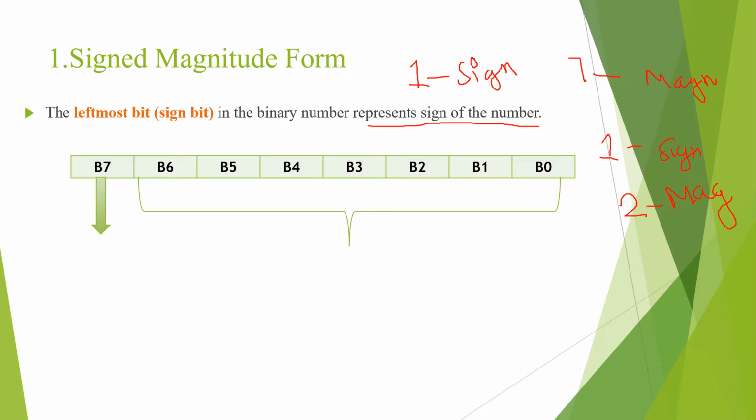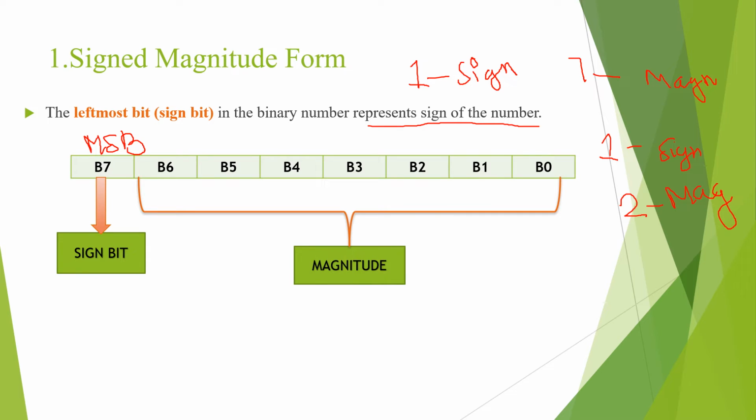So I have 8 bits from B0 to B7. One bit represents the sign bit, and the condition is that it is the leftmost bit, the MSB. So my MSB will be B7, and this B7 represents the sign bit. The remaining bits, B0 to B6, represent the magnitude bits.